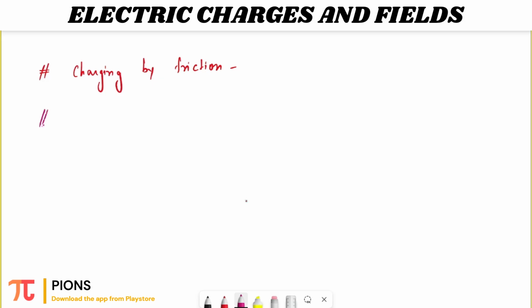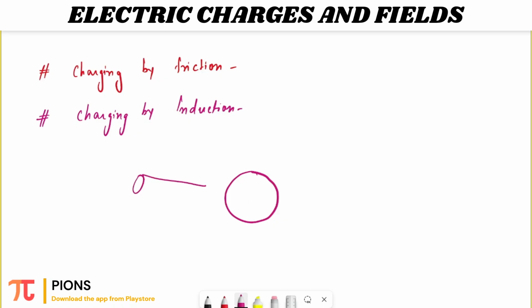You can have another one, we call it charging by induction. What is charging by induction? Like if there is an object, for example this is an object, and we have a rod, and this rod itself is a positively charged rod. So the charge on this is positive. What will happen?